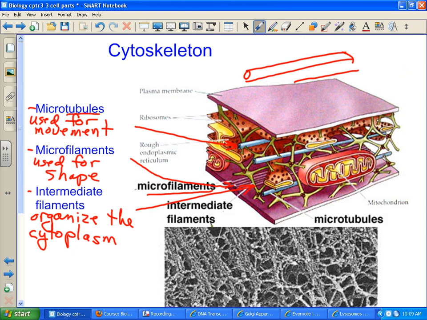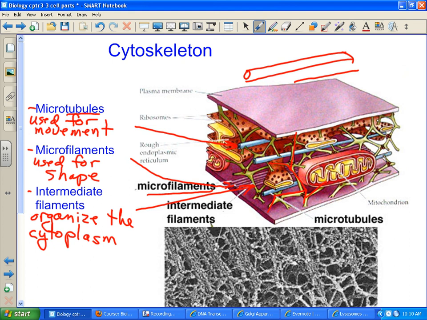You'll notice they look like a weird spider web. They're attached to the cell membrane, the mitochondria, the ER, the microtubules. They're attached to all sorts of stuff. And that's what helps hold everything in a spot.